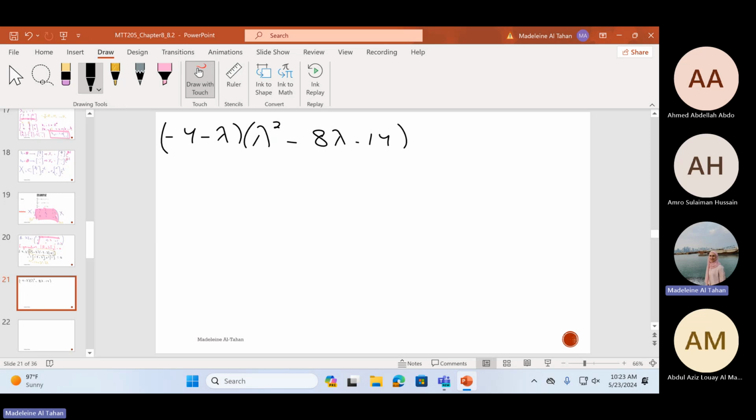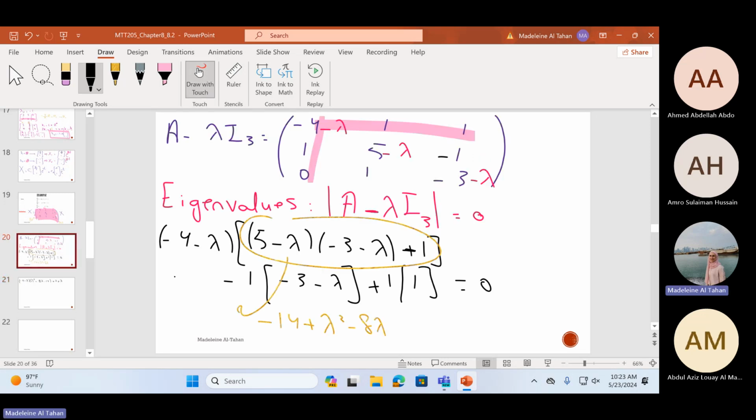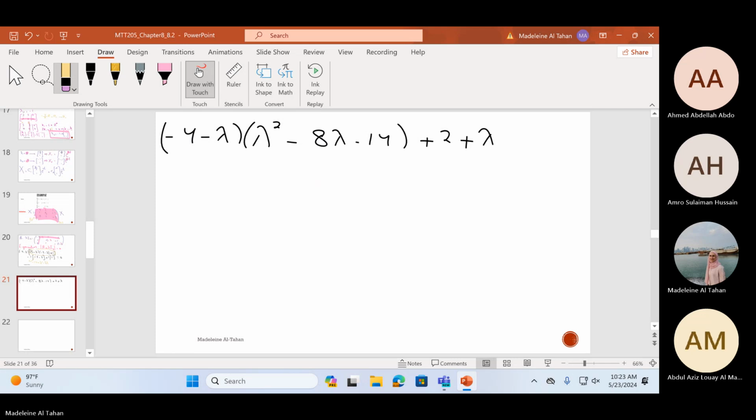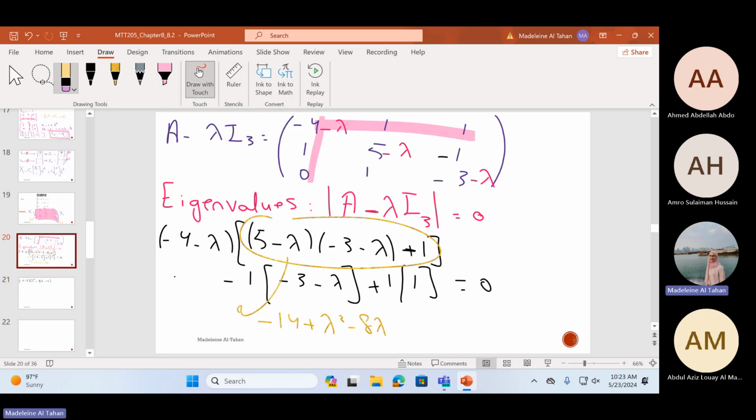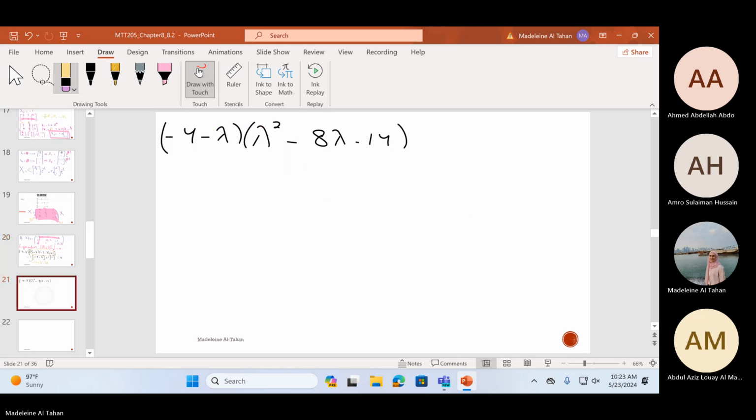The second one is plus minus 3 plus 1 minus 2 plus 2 plus lambda we would get. Okay, so this one will be plus 3 plus lambda. So we'll write here plus 3 plus lambda, and already we have here plus 1 equal to 0. Right, Miss?